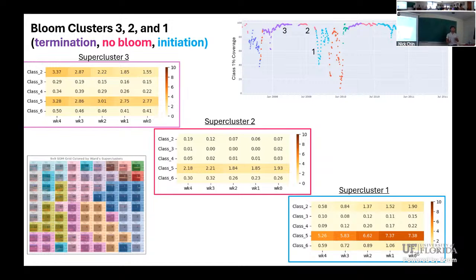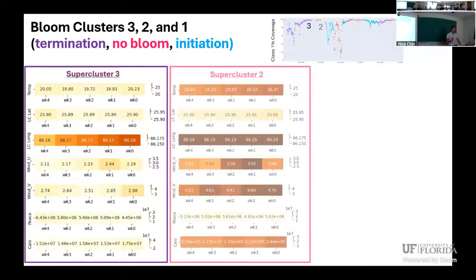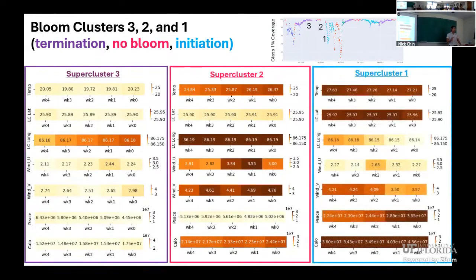So now let's actually look at the features associated with these different bloom states. Okay, so our temperature, lat long, wind, and our 2 streams of interest, these are what those unstandardized aggregated values actually look like. These regimes of our cluster data represent these different bloom states that we're interested in.